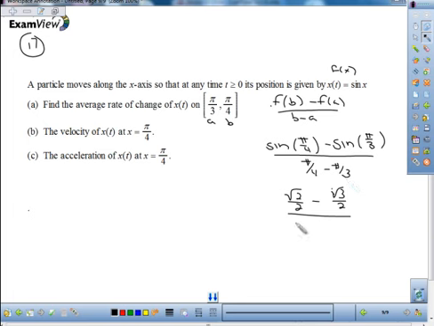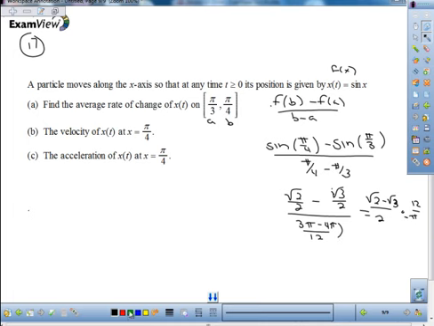I'm going to find common denominators. So I'm going to have 2 square root of 2 minus square root of 3 over 2 times 12 over negative pi. Basically, I just took the reciprocal and multiplied it.